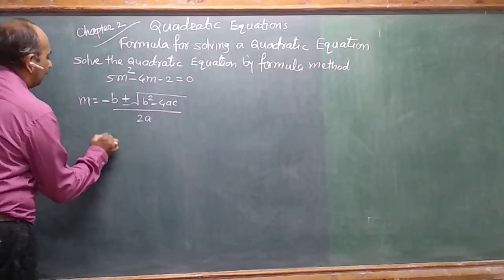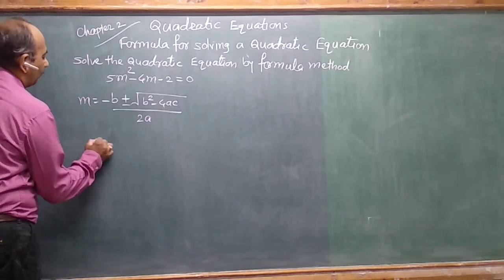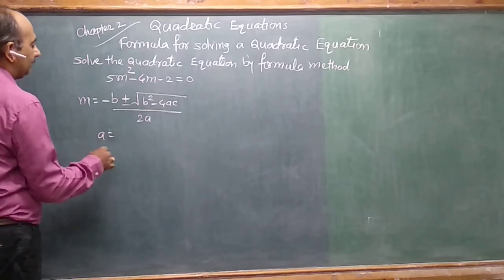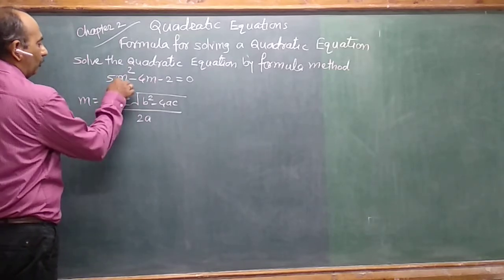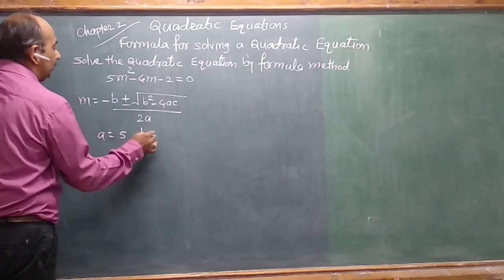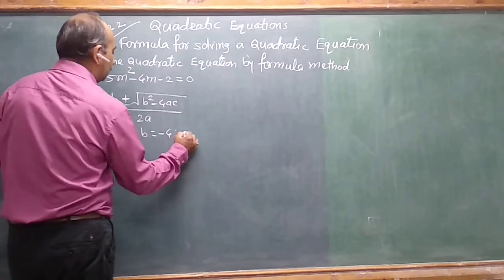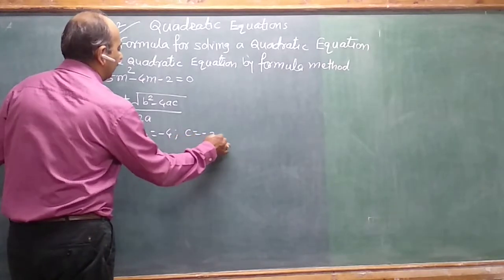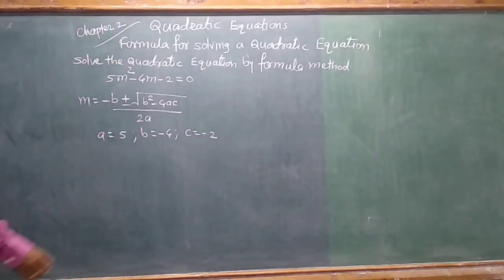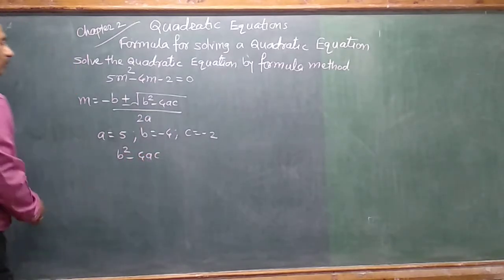To get that, we have to write what a, b and c are. Here a is the coefficient of m square, that is 5. The value of b is the coefficient of m, that is minus 4, and the value of c is minus 2. So first of all, we find the value of b square minus 4ac.